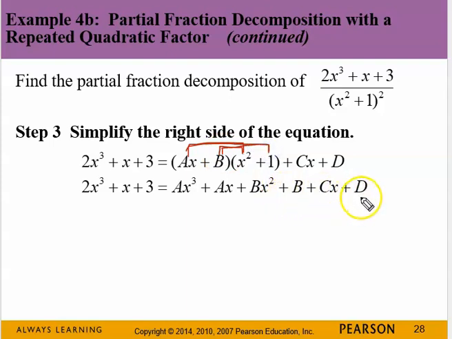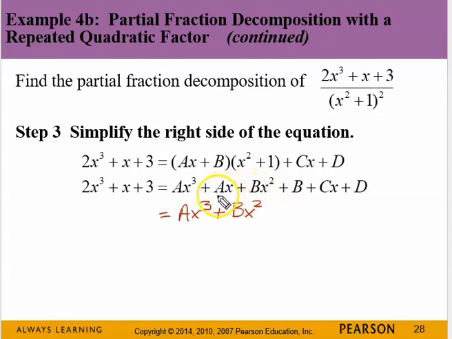And we have this. And you might say, well, what's next? Well, as we've done before, we're going to group these into ax to the third. We don't have anything that will go with this, so this is going to be plus bx squared there.